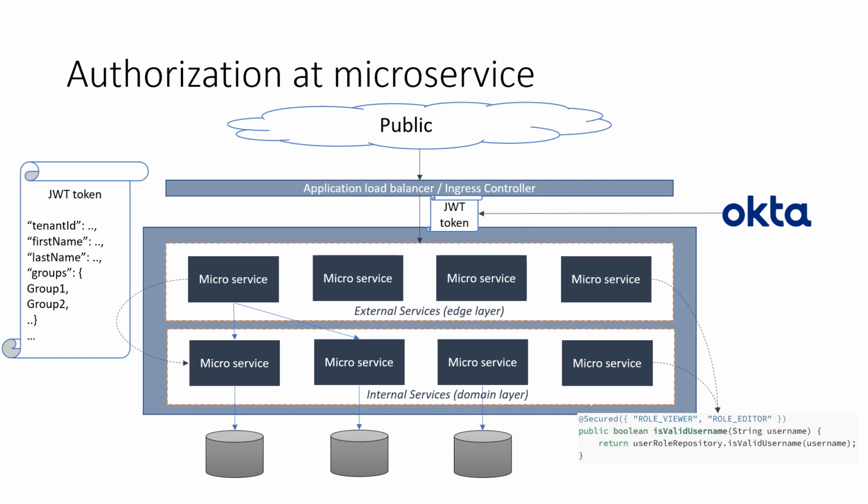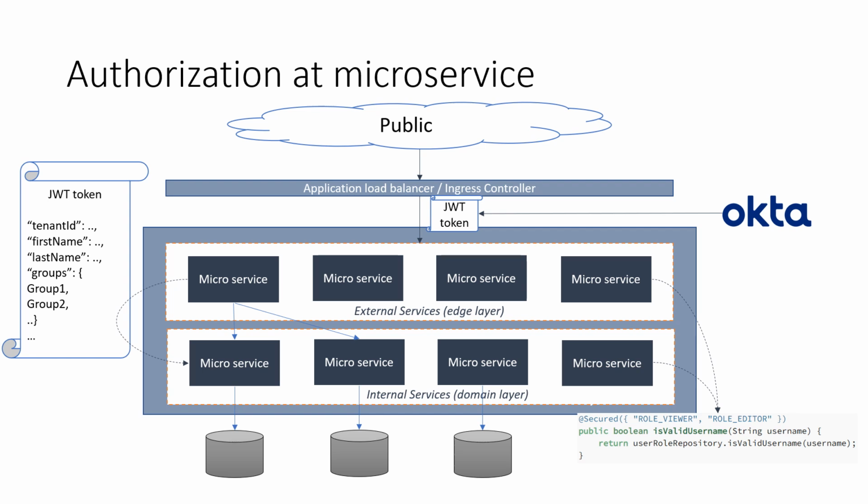This way, we can say we have two layers of services, even though all these services are deployed inside one Kubernetes cluster. We can design such that the external services receive the request from outside, do the end user authorization check, do orchestration if needed, and route the request to the correct internal services.